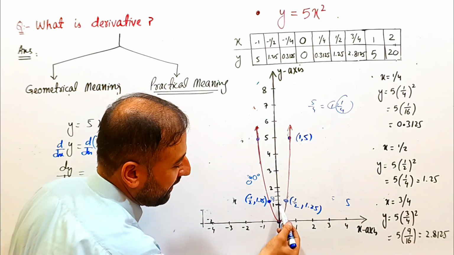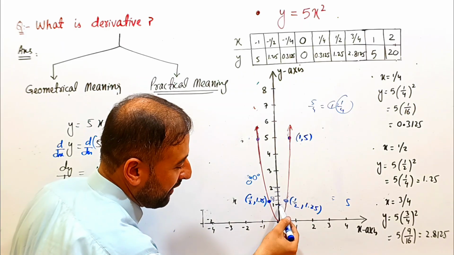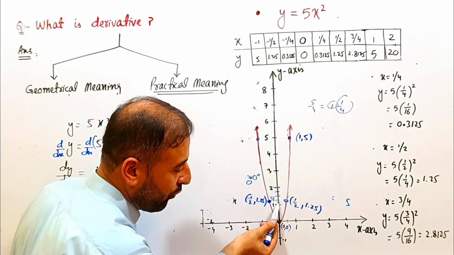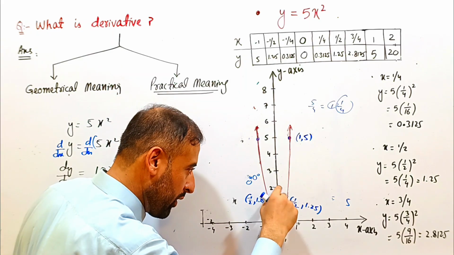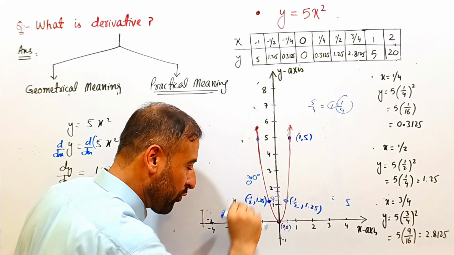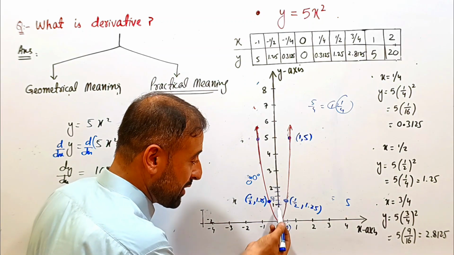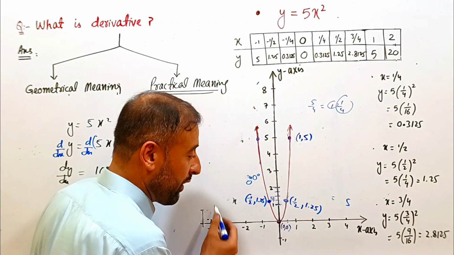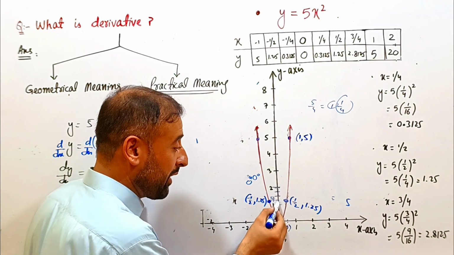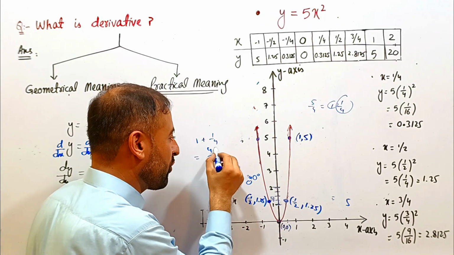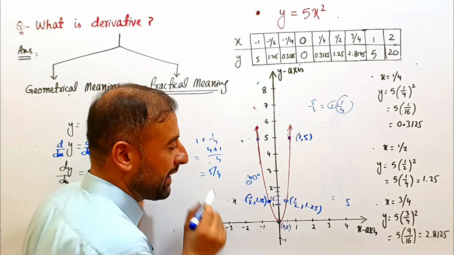So you divide the next unit into 4 equal divisions. This is called 1 upon 4, meaning 1 part out of 4 parts if one unit is divided into 4 equal parts. From here to here is 1, from here to here is 1 upon 4. So from here to here will be 1 plus 1 upon 4. 4 is the LCM, 4 plus 1, 5 by 4, hopefully clear.